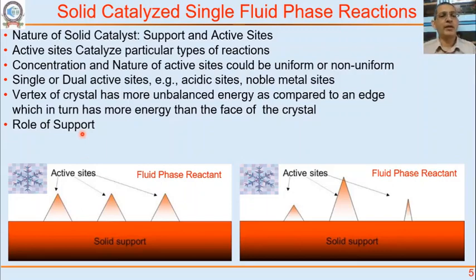So in say platinum on alumina, platinum is an active site, but alumina also, when alumina is used, it also acts as an acidic medium and allows some of these reactions to take place better. So the role of support and the active site is sometimes synergistic and gives you a very high rate of reaction. So this is actually how reactions take place on the surface of solid catalyst.